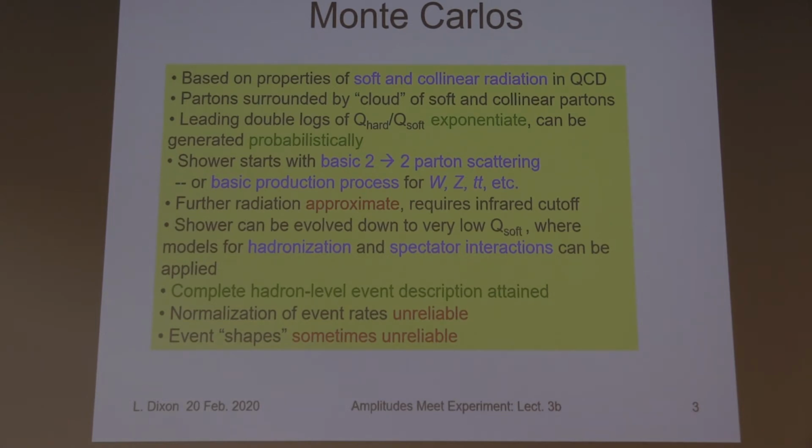This radiation is approximate in the sense that it's really only guaranteed to be accurate when things are very collinear and or very soft. That's why it's often useful to patch it together with fixed order matrix elements, which model hard radiation a lot better. But the advantage of the Monte Carlos is that in this approximation, you can evolve this shower and generate a large number of quarks and gluons in the final state.